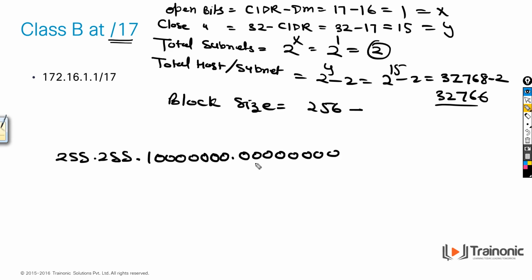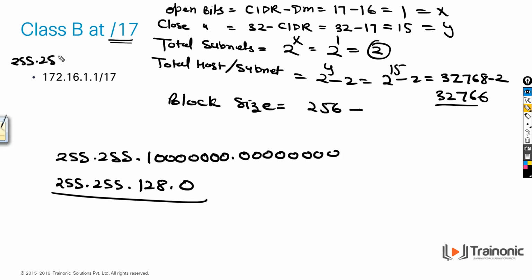How can we type it? 255 when 1 bit is on is 128.0. Done. Then the mask is 255.255.128.0.